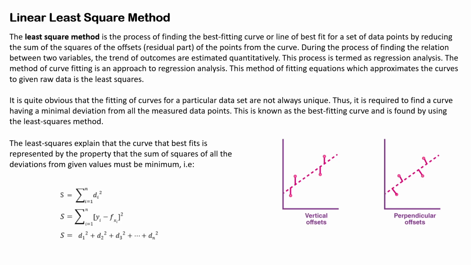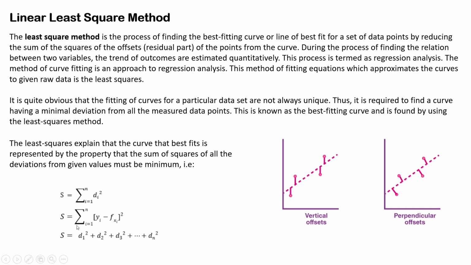So first comes the linear least squares method. The least squares method is the process of finding the best fitting curve or line of best fit for a set of data points by reducing the sum of the squares of the offsets. Basically, it's the difference between your predicted and your experimental value.